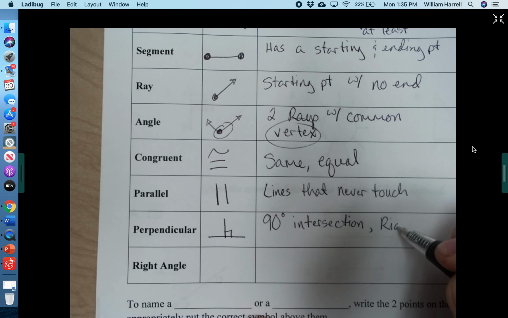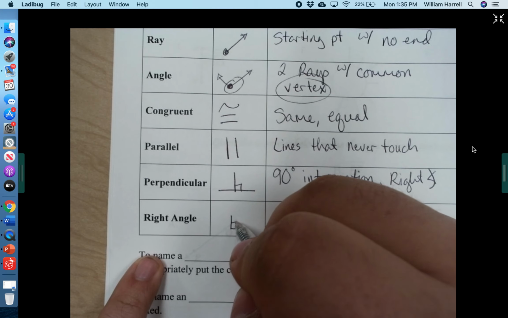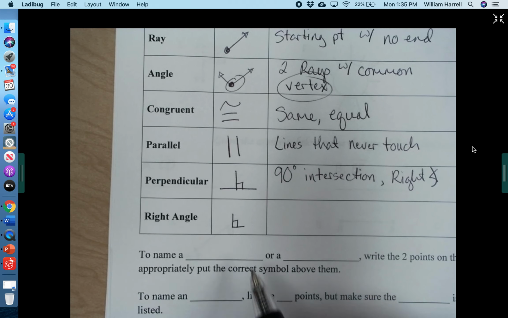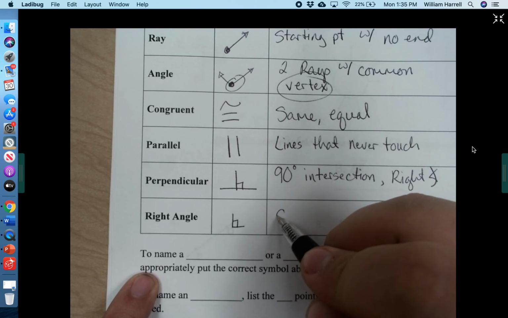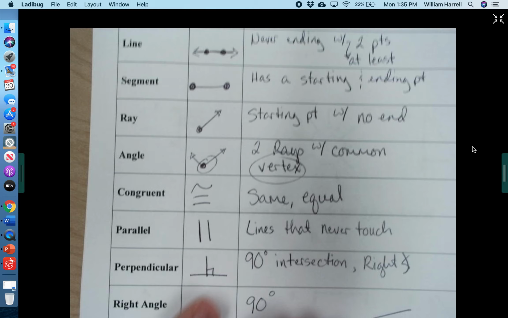That's absolutely correct. A right angle symbolically looks like a perpendicular symbol, just missing the left-hand side. And again, right angle just means 90 degrees. Not worried about this down here at the bottom.